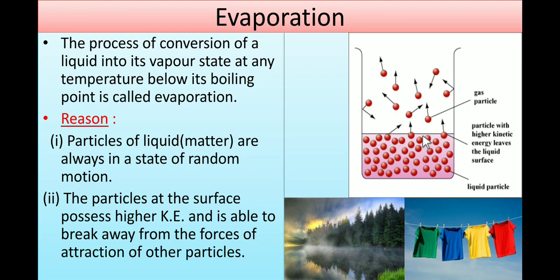Therefore, they can break away from the attraction of other particles and move to the gaseous phase. The particles with higher kinetic energy leave the liquid surface, and the particles in the bulk have lower kinetic energy. Next, we see factors affecting evaporation.